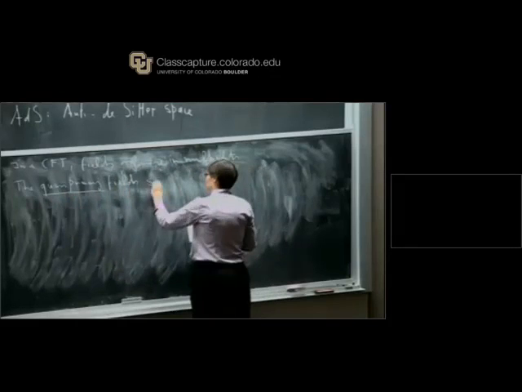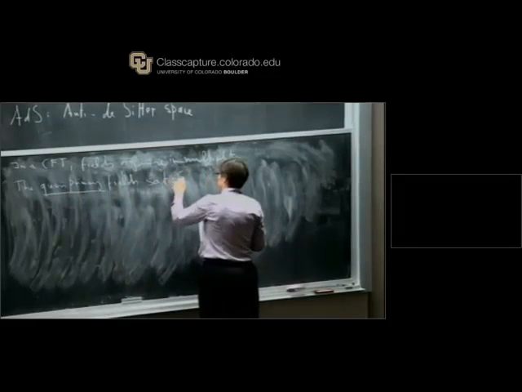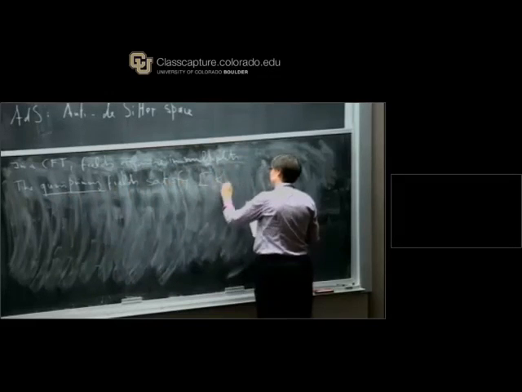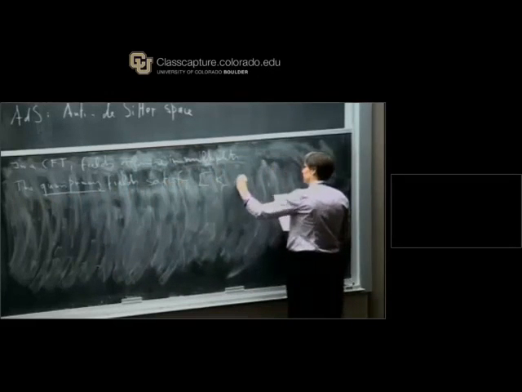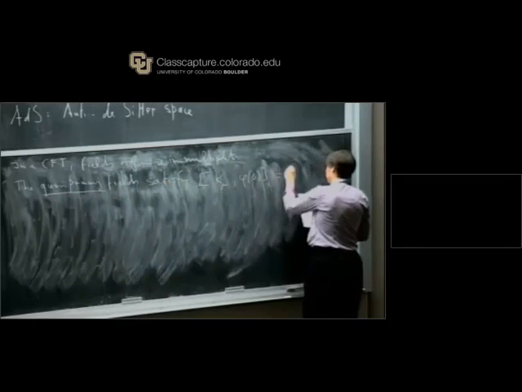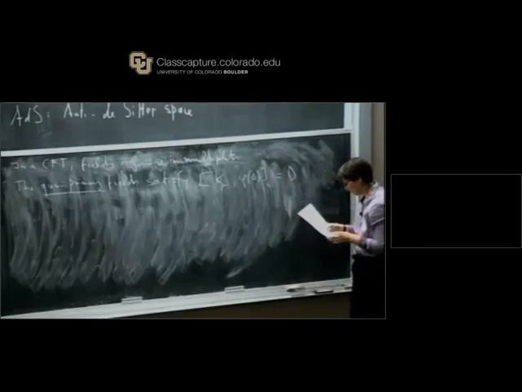And they satisfy the following commutation relation. If you take this generator of the special conformal transformation, K_mu, and you take one of these quasi-primary fields, then this commutator is supposed to vanish.